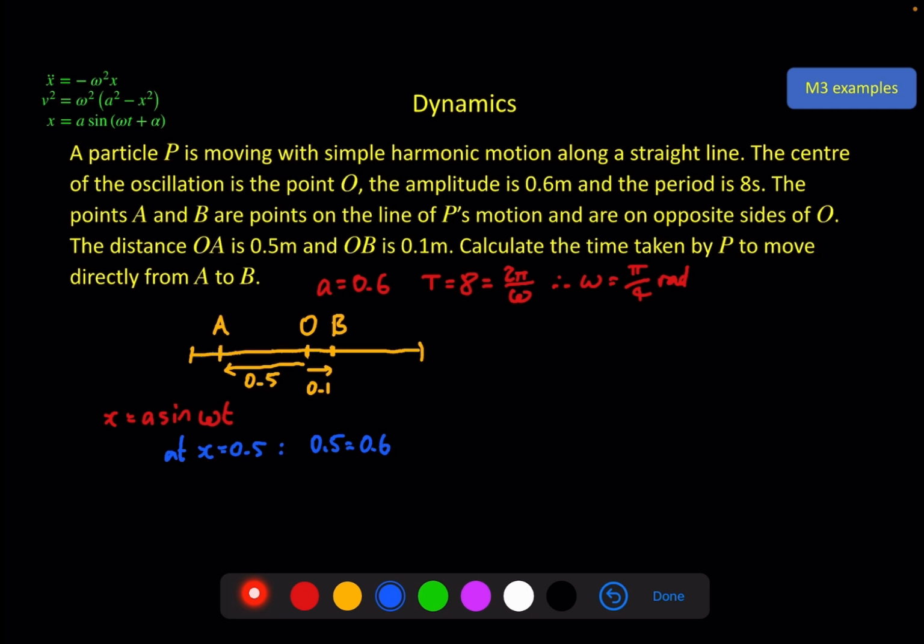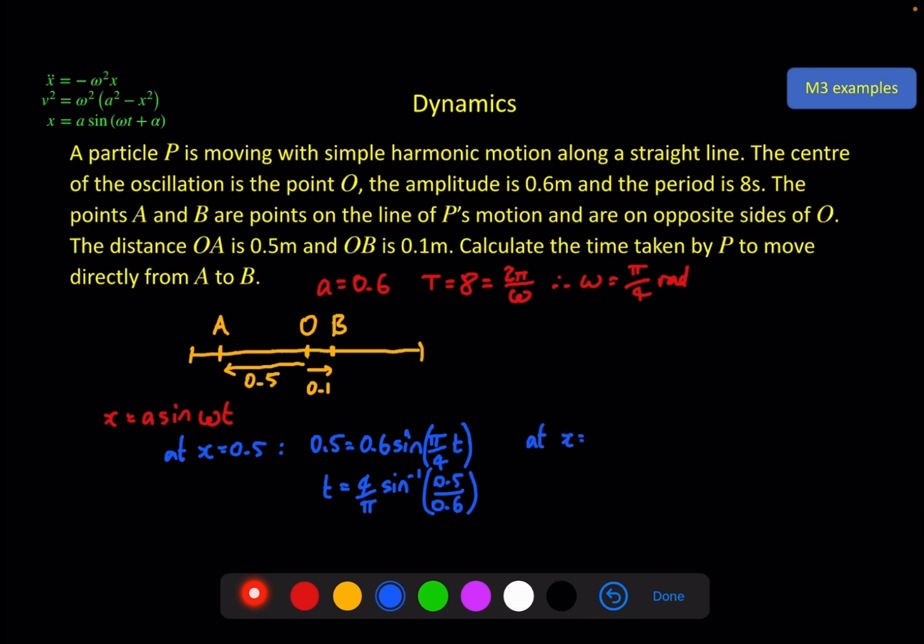0.6, which is a, times sine of omega, pi by 4, t. So t is equal to the inverse sine of 0.5 over 0.6, and when you've done that we then multiply by 4 over pi.